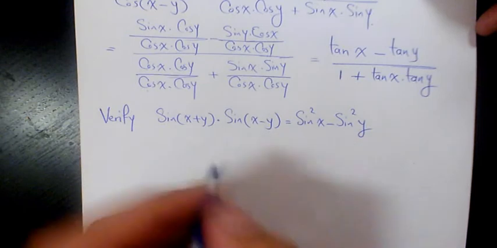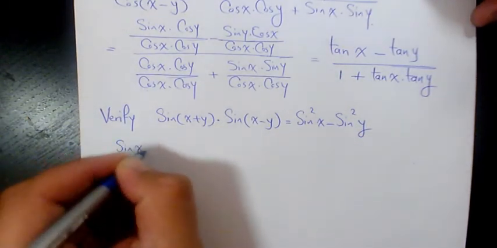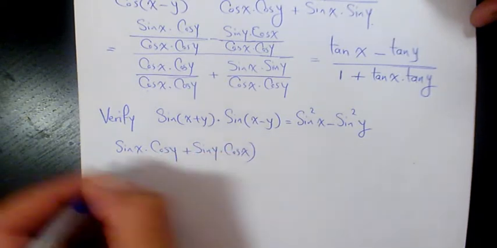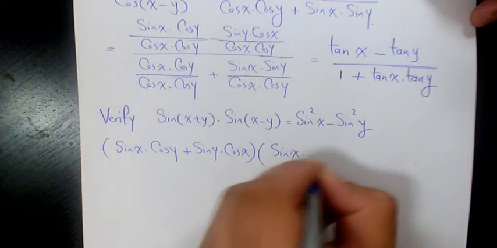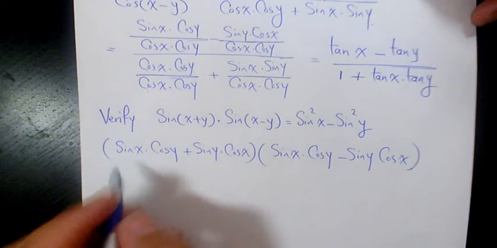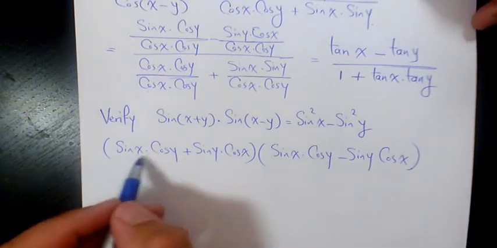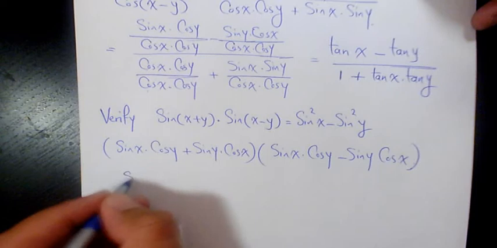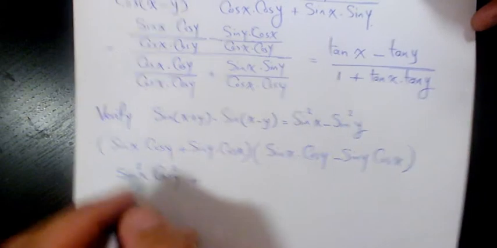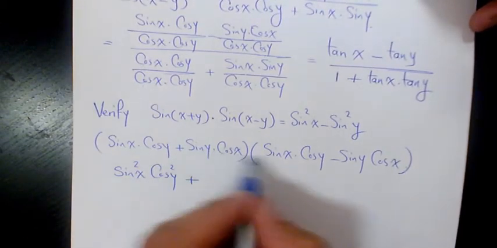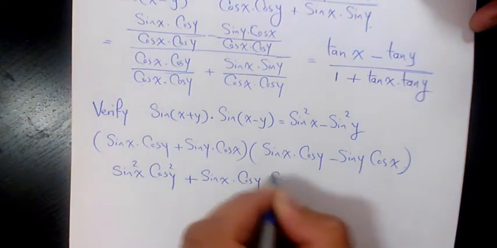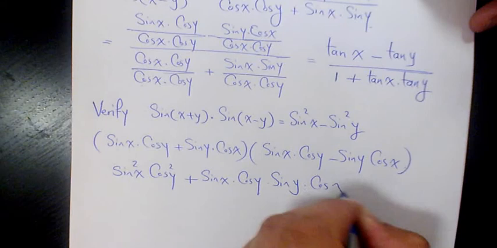So we expand this: sine x cosine y plus sine y cosine x, multiplied by sine x cosine y minus sine y cosine x. So now you expand it. Sine x cosine y times this one is going to be sine squared x cosine squared y, plus sine y cosine x times this, so it's going to be sine x cosine y sine y cosine x.